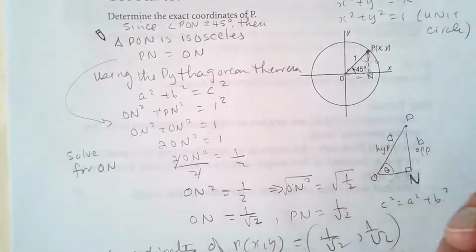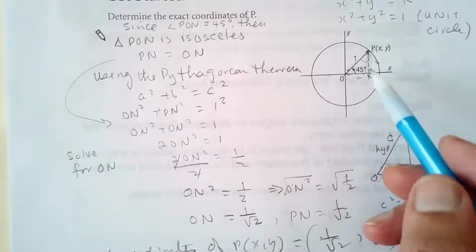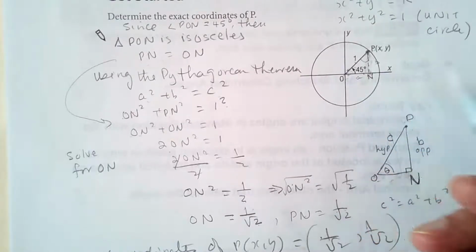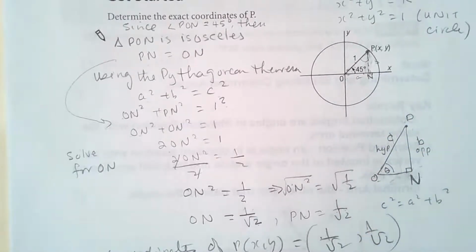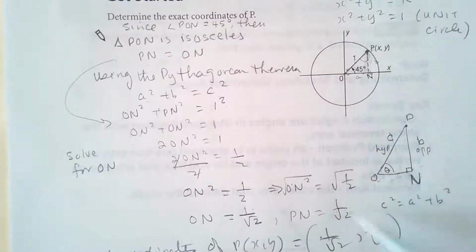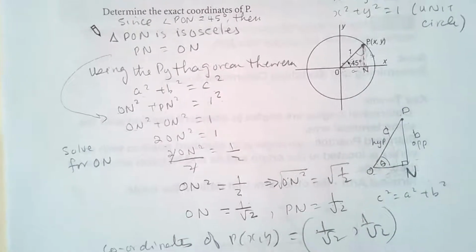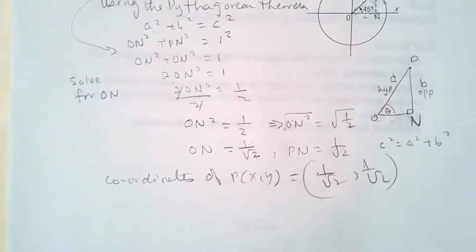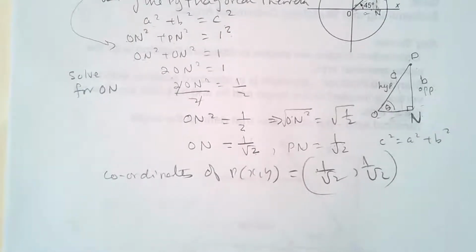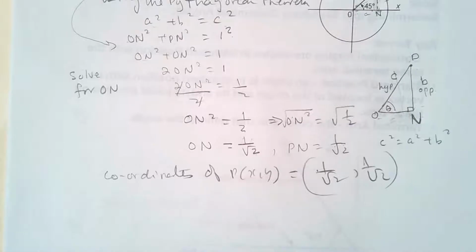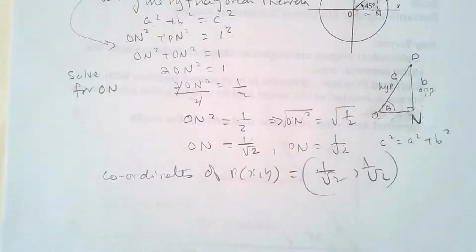So we can conclude, if we really look at the Pythagorean theorem, that the point P and X are the same value on the unit circle. By the way, let's review a little of what you must have done in grade 11 regarding the trig ratios.